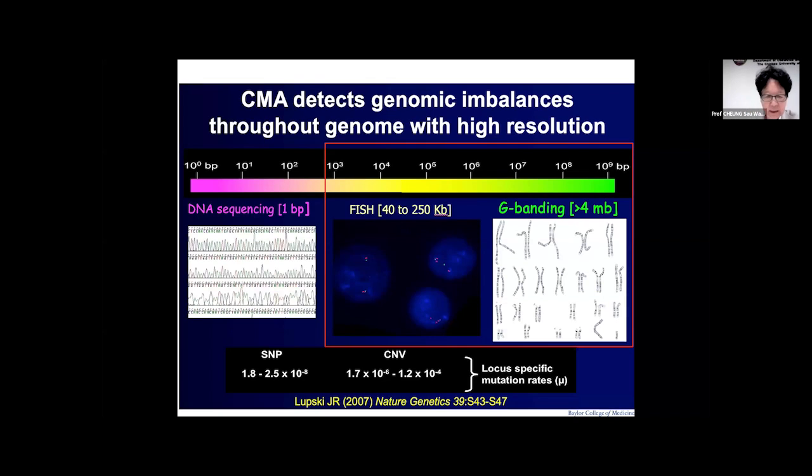That's why CMA became very important, because CMA sits between the single nucleotide level and the G-banded level, a very good intermediate resolution. Today we focus on this area. As I mentioned last week, we studied chromosomes, and this week we study CNV.